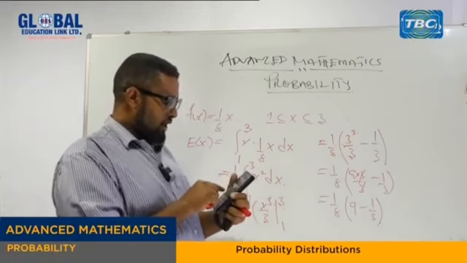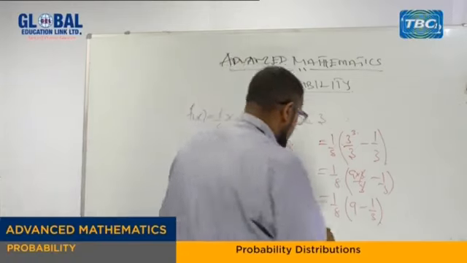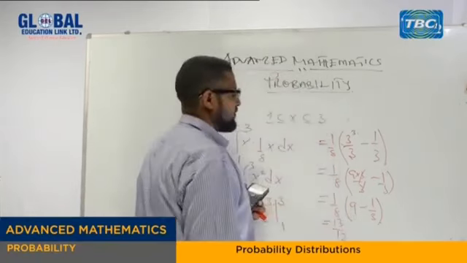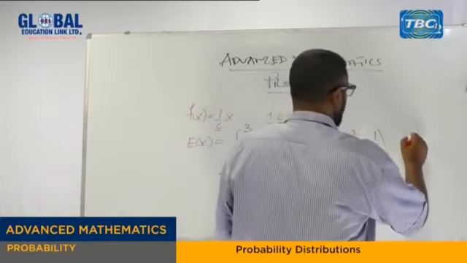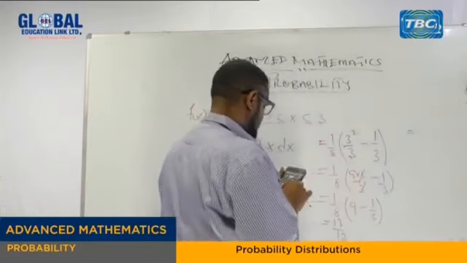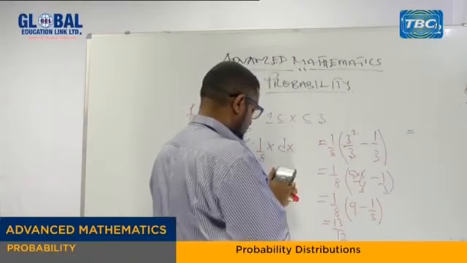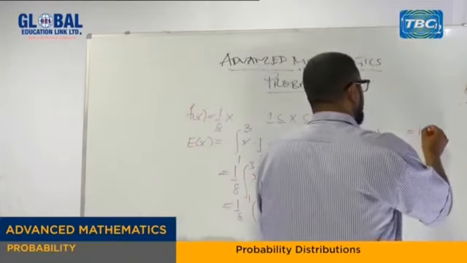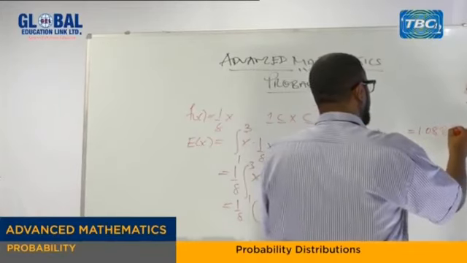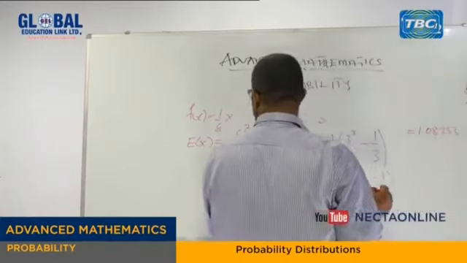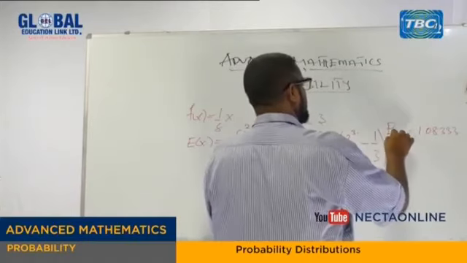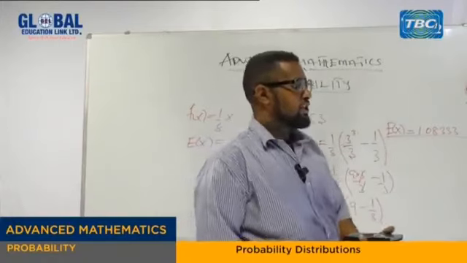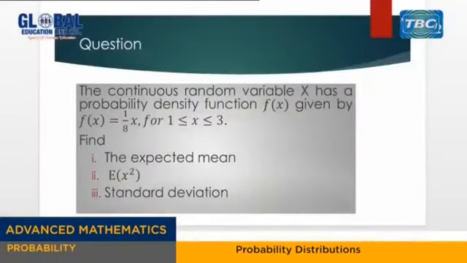You will end up having 13 over 12. If you simplify and leave your answer in decimal, 13 over 12 is the same as writing 1.08333. So this is the expectation of variable x of our given function f of x equal to 1 over 8 x.